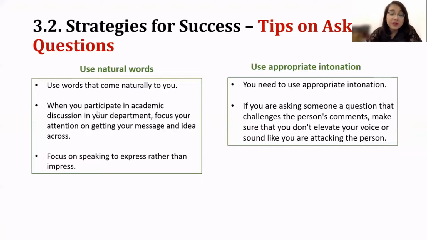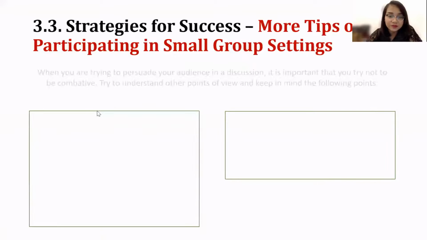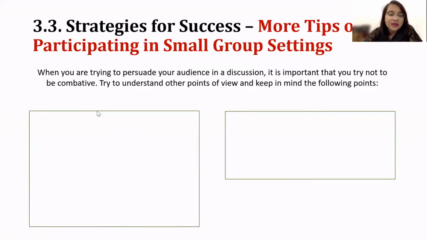So that's about tips on asking questions. The next one, we move to more tips on participating in small group settings. When you're trying to persuade your audience in a discussion, it is important that you try not to be combative. Try to understand other points of view and keep in mind the following points.